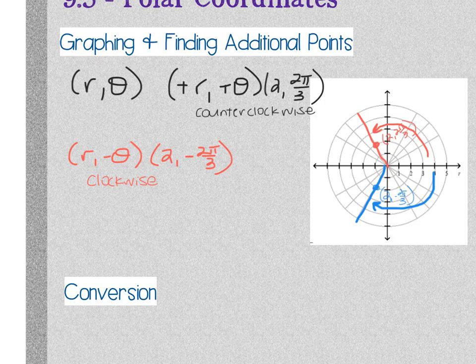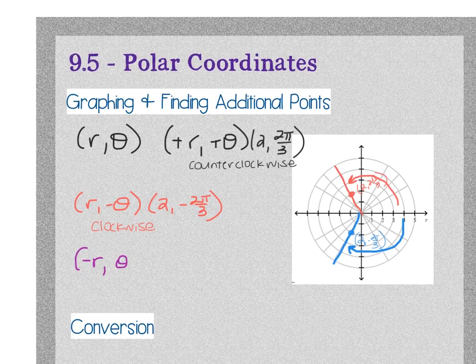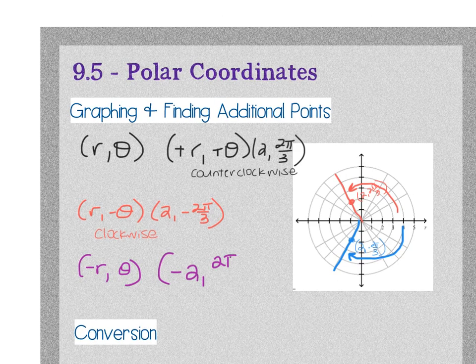And then the third kind is if there's a negative r. Well, I guess you have a negative r and a negative theta, but a negative r. And for these, you would move counterclockwise just like you did at the beginning, but instead of working towards that angle, you work in the opposite direction.